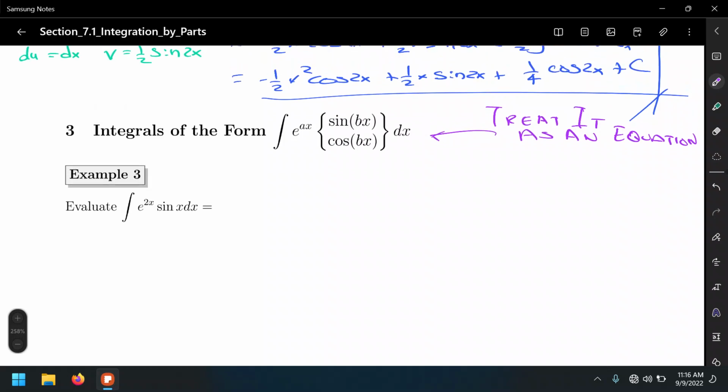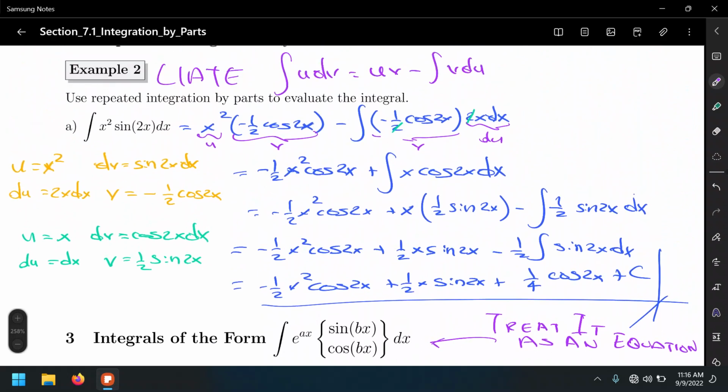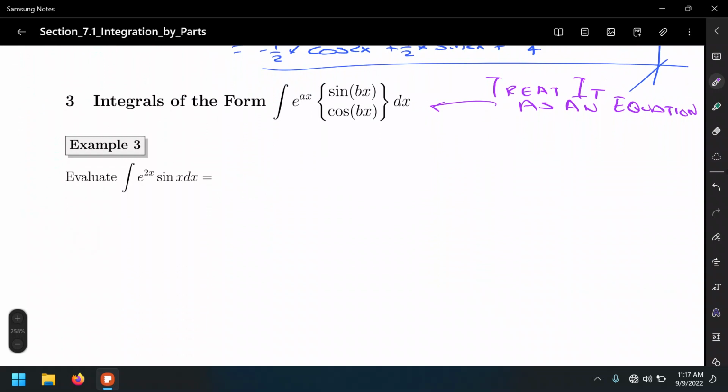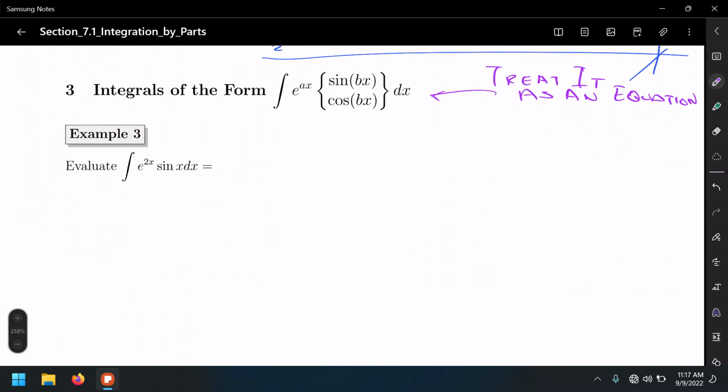Notice all the problems that we have done before: we start with the integral, write equal, and just go with the flow until we get to the final answer, and we never write the original problem again. However, this problem will be different. Instead, I will constantly write the original problem again, so it looks like we are solving an equation.